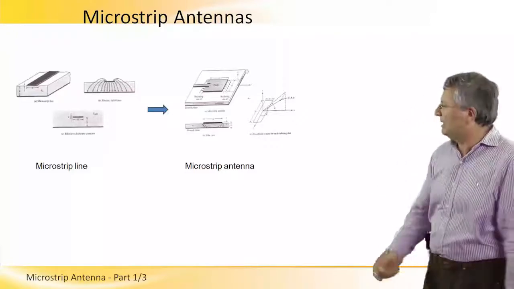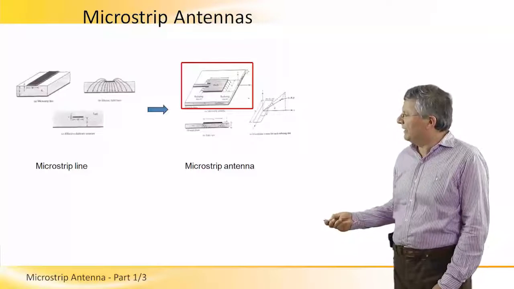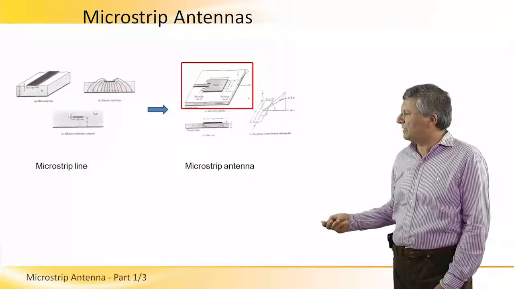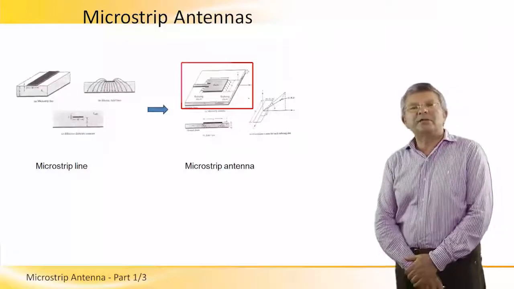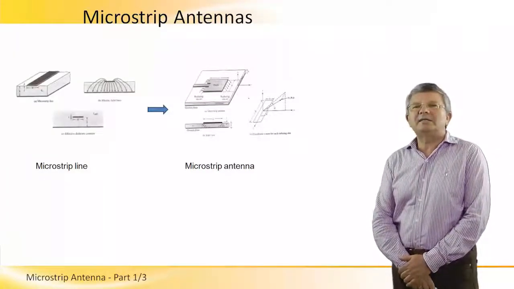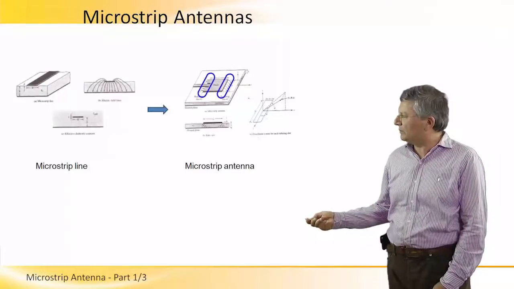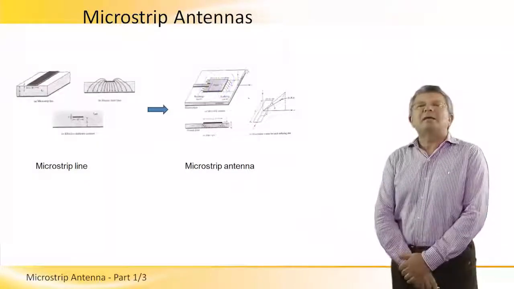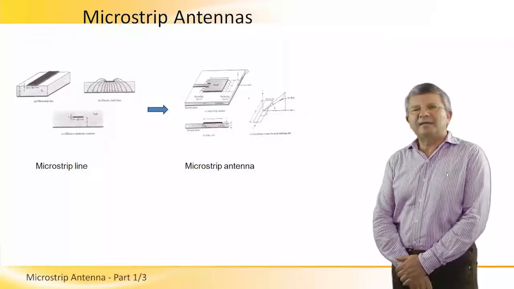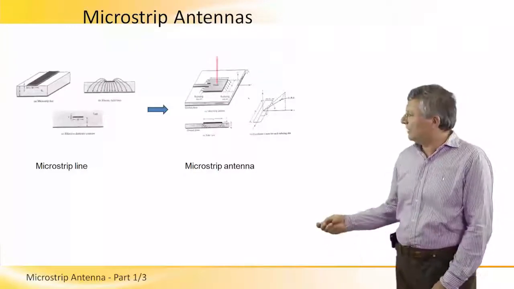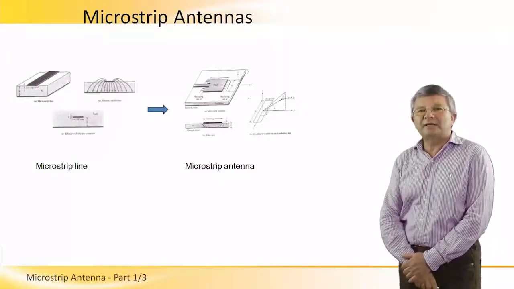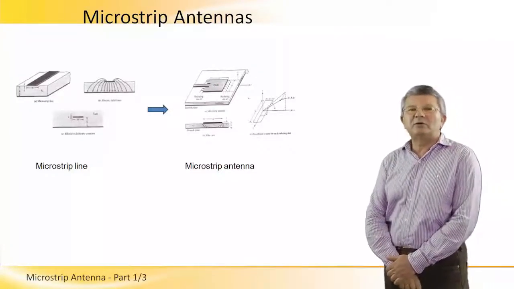In a microstrip antenna, the effect of radiation from those equivalent radiating slots is used in a more clever way. In a microstrip antenna, we again have a microstrip, but which is open circuit on both sides of the microstrip line. The two equivalent radiating slots at the edges of the microstrip line are excited in phase, and then the radiated far field on an axis which is normal to the antenna combines in phase, and we obtain enhancement of the radiation.